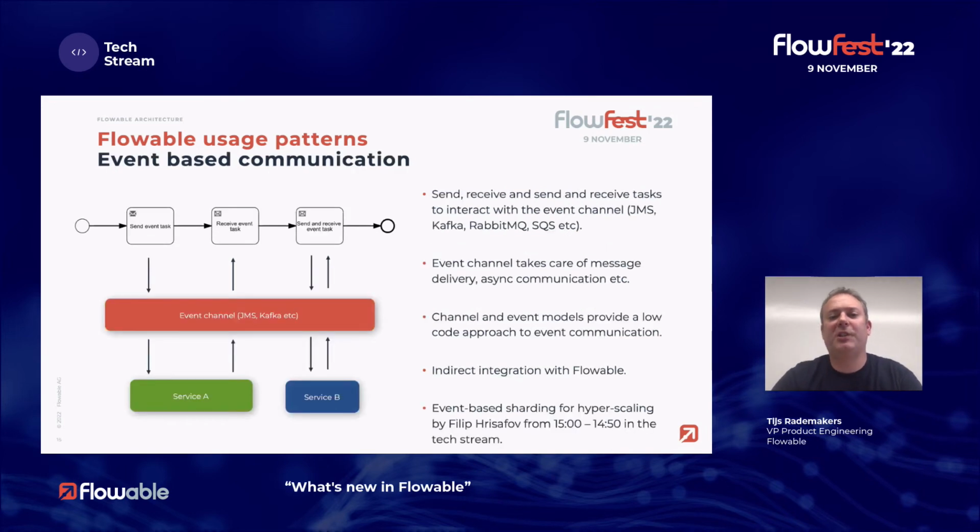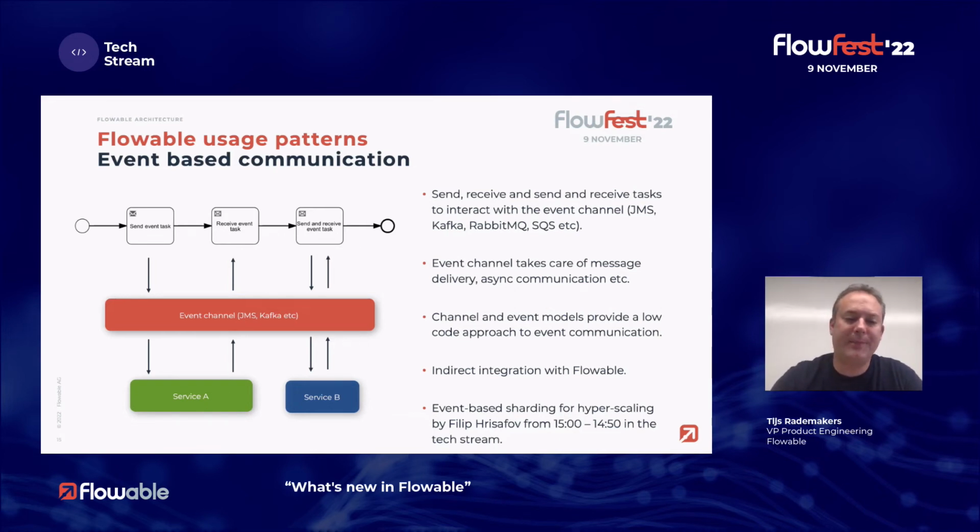And the last usage pattern that I wanted to mention is the event-based communication. And that's using our event registry. So it's really an abstraction to send out an event, receive an event. And we actually also have a task to send out and receive an event to make it a bit easier to have these kind of async request response handling. So then you can easily interact with a Kafka queue topic.